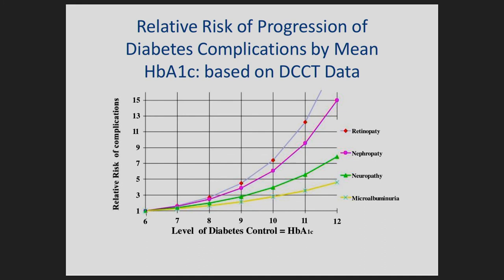And as you can see, when you have lower hemoglobin A1C, inshallah, you'll have a low risk of complication. If you have higher hemoglobin A1C, your risk of complication increases. And that's why, as physicians, we concentrate on keeping our patients' hemoglobin A1C in the target range.